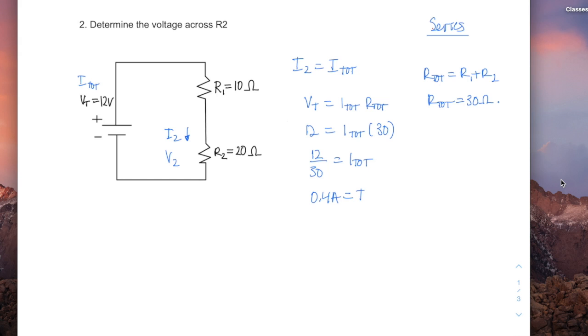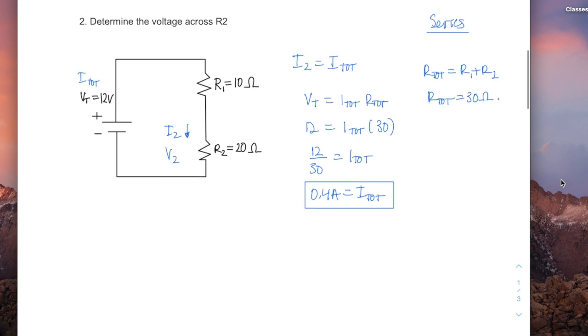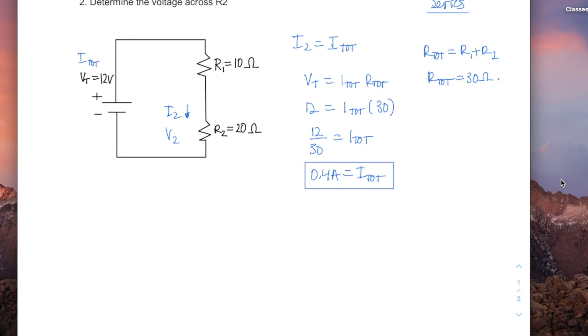So I know that my total current is 0.4 amps. Now that I know that, V2 equals I2 times R2. V2 is I2 times R2, and R2 is 20 ohms. So I know that V2 is 8 volts.